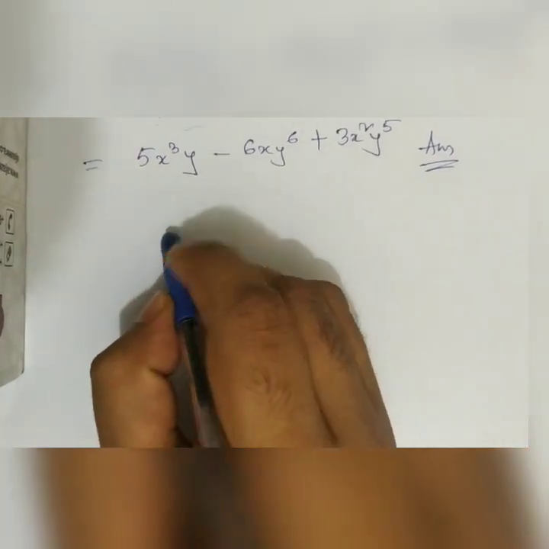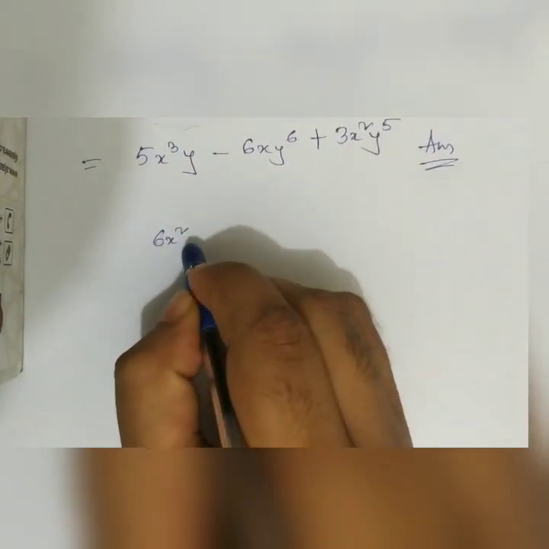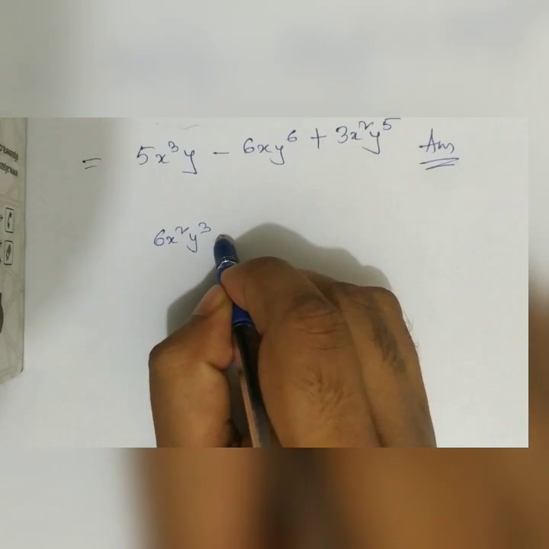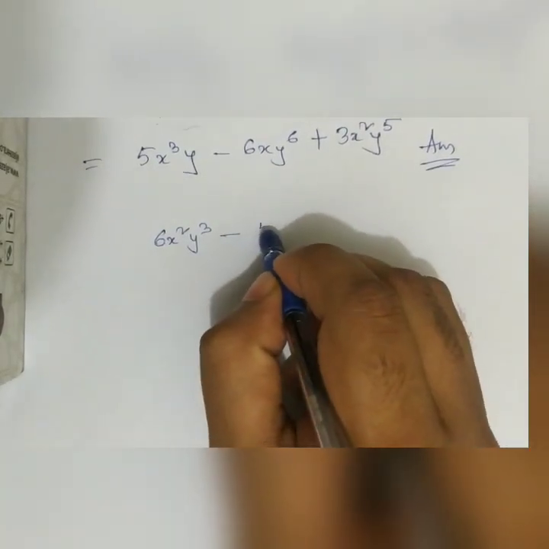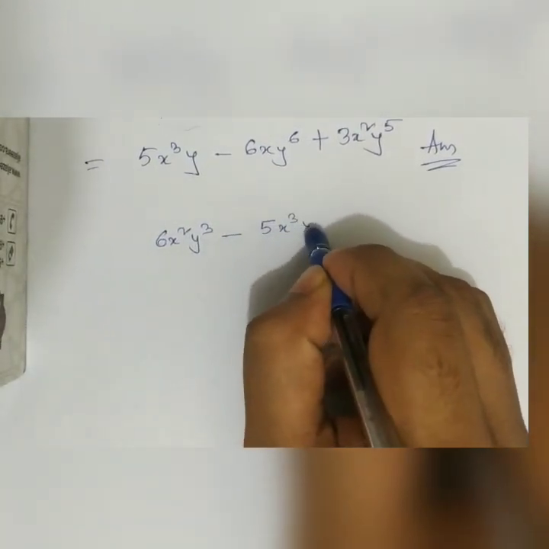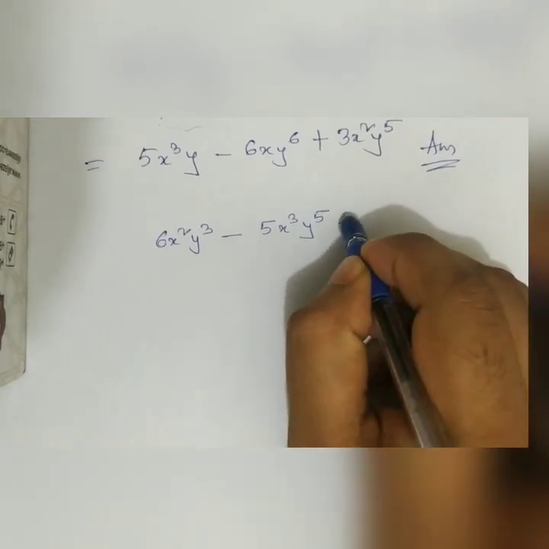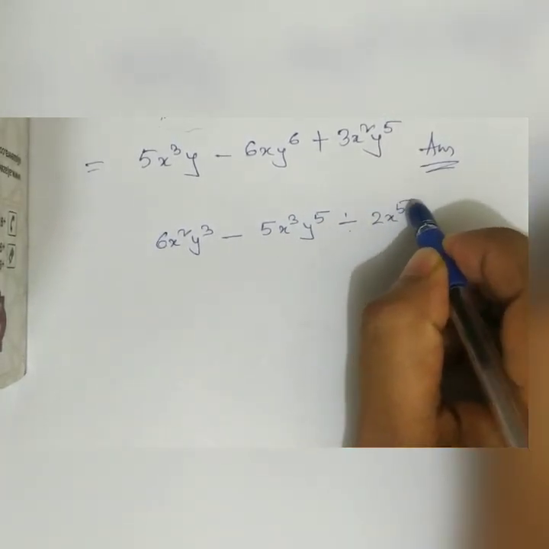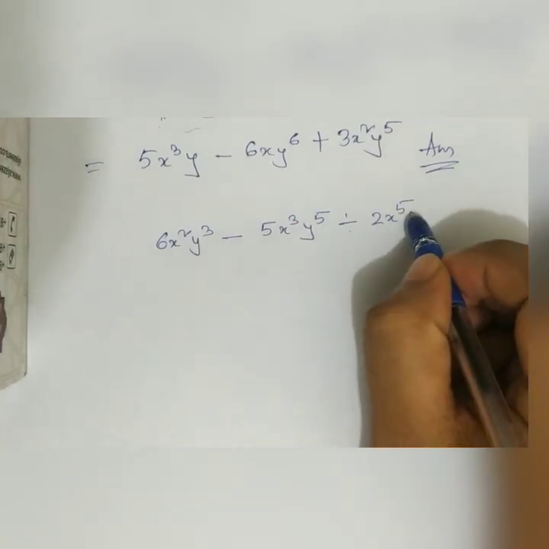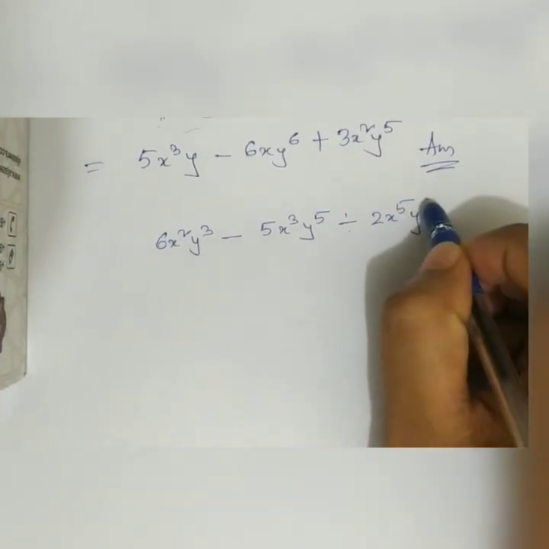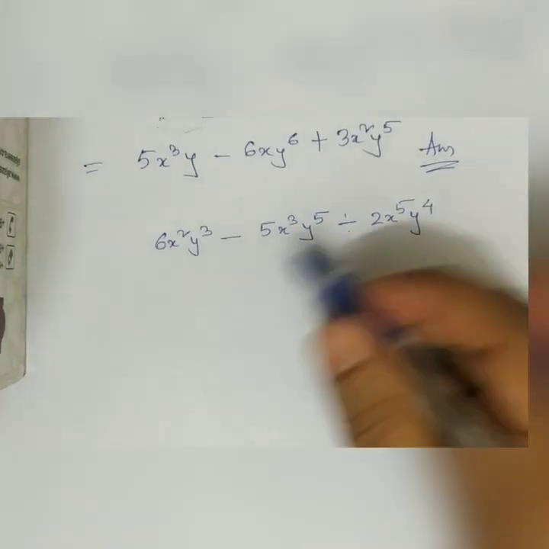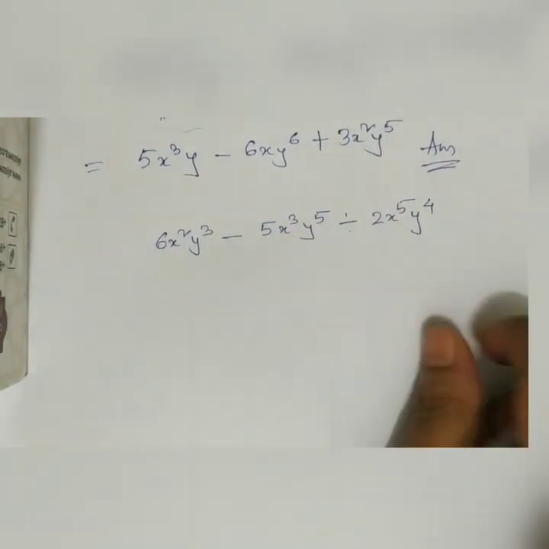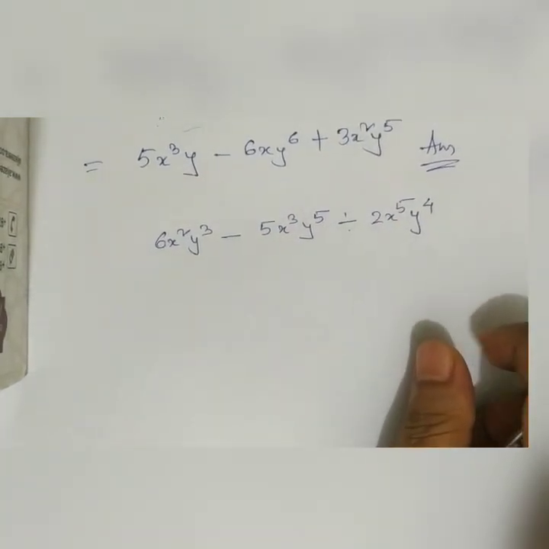Let's say 6x square y cube minus 5x cube y to the power 5 divided by 2x^5 y^4. Okay, let's say this is what we need to solve now.